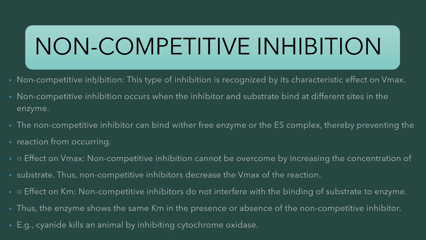Non-competitive inhibition is recognized by its characteristic effect on Vmax. It occurs when the inhibitor and the substrate bind at different sites on the enzyme. The non-competitive inhibitor can bind either to the free enzyme or to the enzyme-substrate complex, thereby preventing the reaction from occurring.